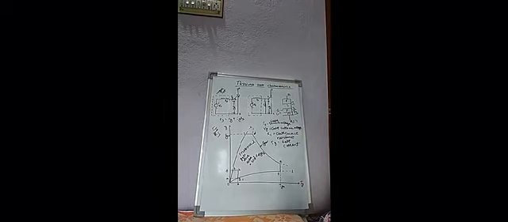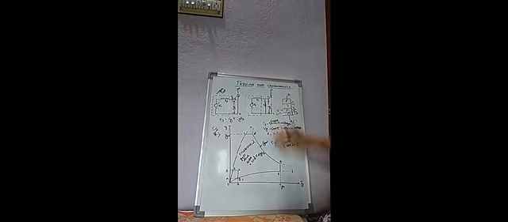Okay, so for now come to this circuit. In this circuit, you see another resistance R1 is connected across the gate and cathode terminal.